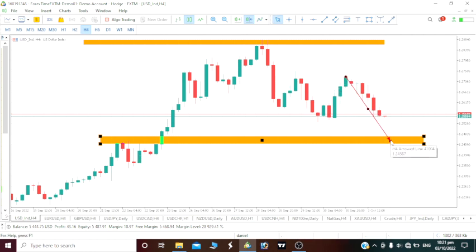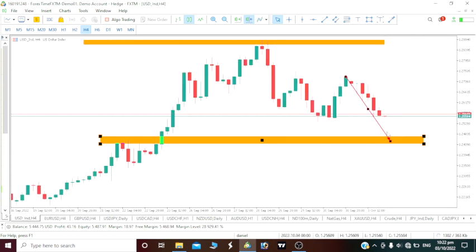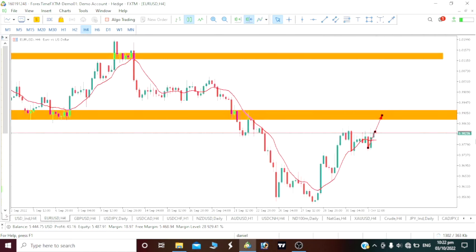It is the reason why our USD index is still dropping, meaning as our USD is dropping, the Euro that we are trading against USD should go bullish. So on this 4-hour time frame, we are expecting a bullish move on Euro USD, while on the USD index we are still expecting a drop. Then after this drop, we might see a reversal movement on the USD index, which will then give us a reversal movement on Euro USD.